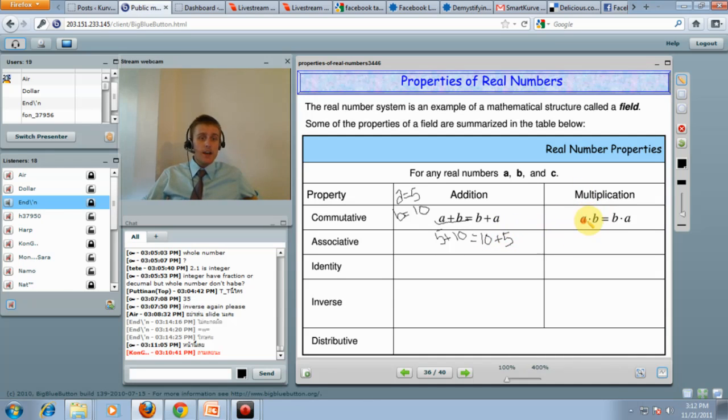Again, if A is 5, B is 10, 5 times 10 equals 10 times 5. Both sides equal 50. The order of these two real numbers will not change the answer. Are there any questions on the commutative?